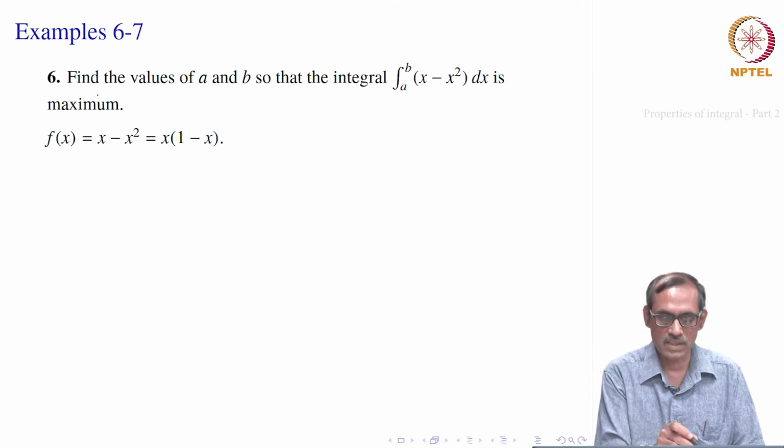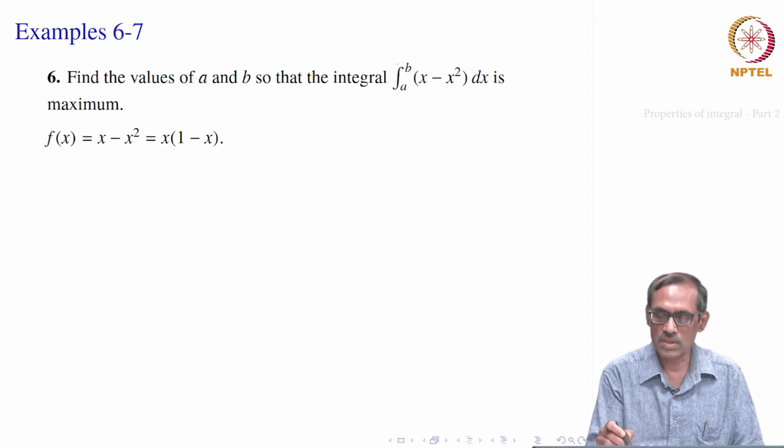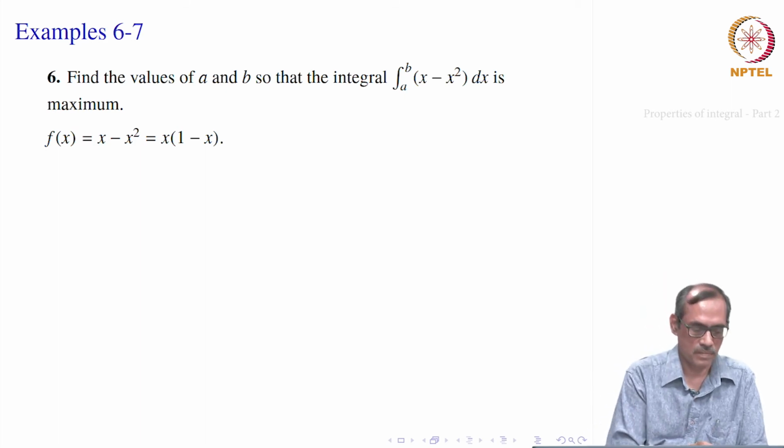But here it is not given what these values of a and b are, they are unknowns. So, this number, which is the definite integral, will depend on both a and b. So, the question is to choose a and b in such a way that this is the maximum number you will be getting from that, right. That is what we are being asked.